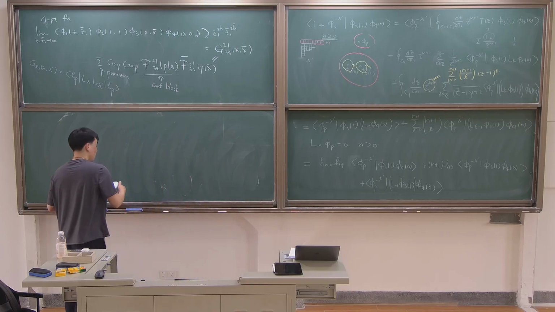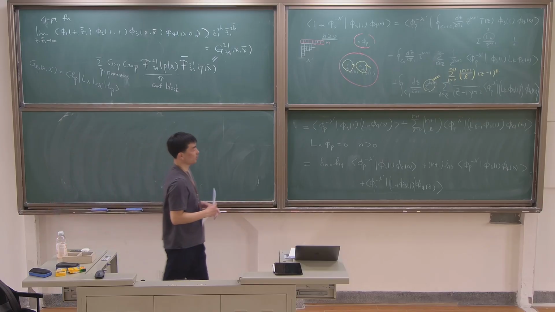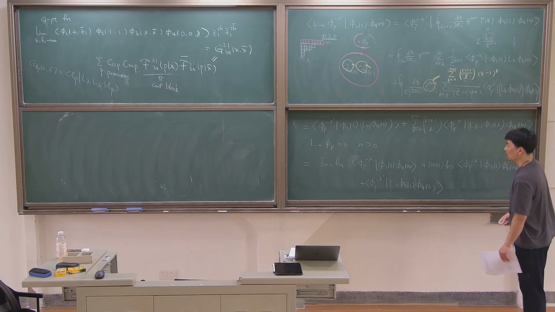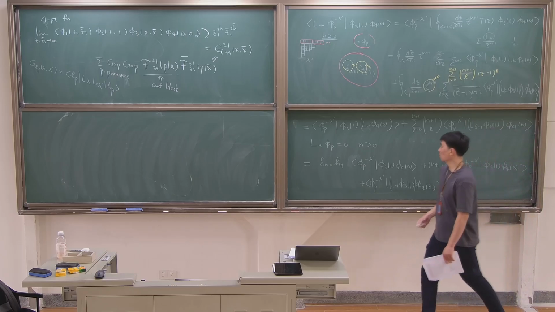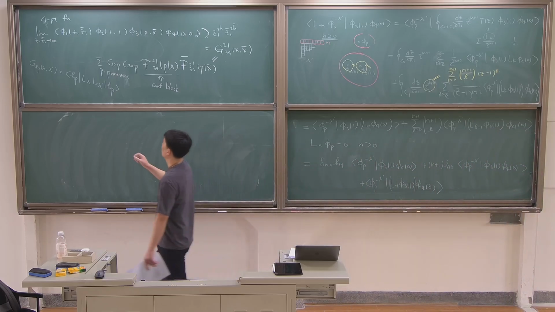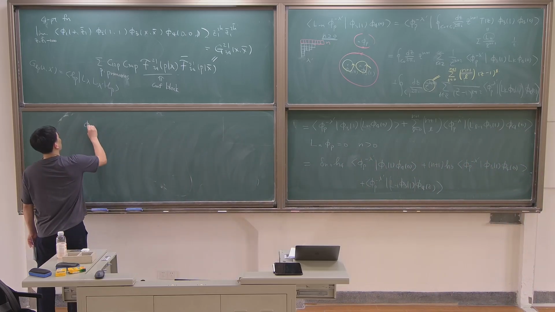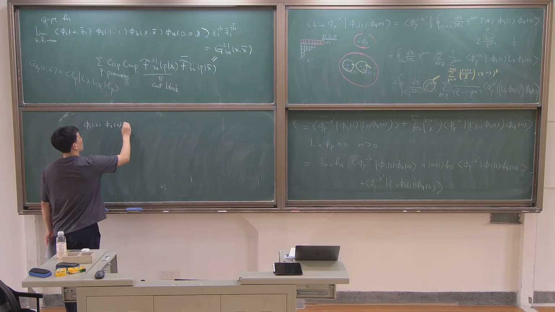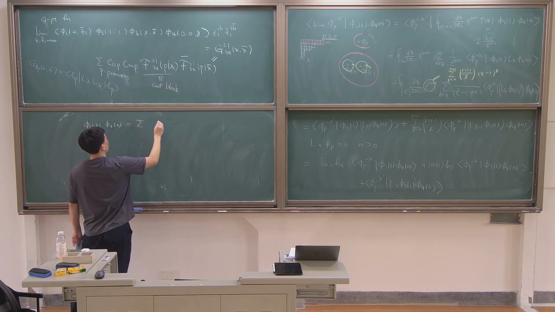Okay. But now, you recall this one. If you look at this one, you can recall phi 3 at Z and phi 4 at 0 is given by the operator product expansion.